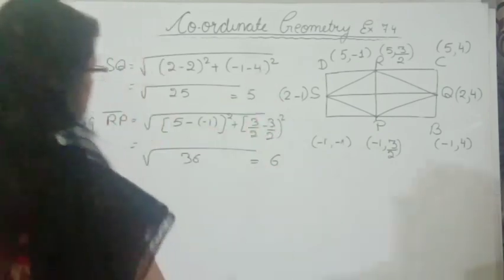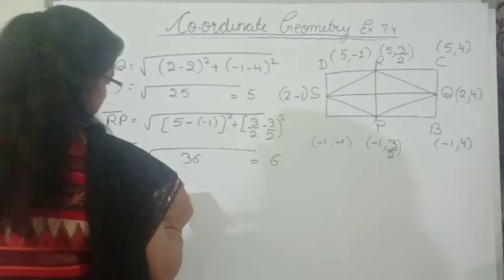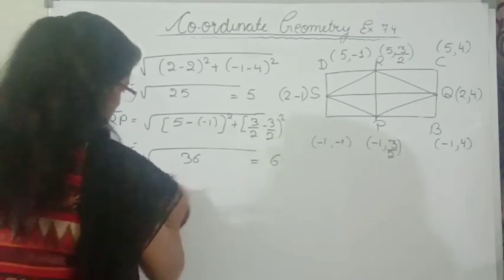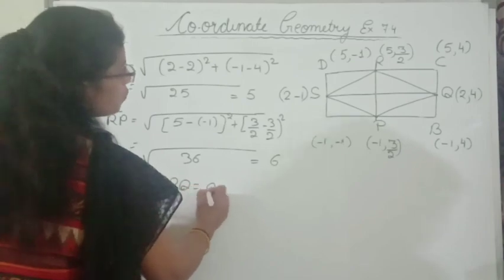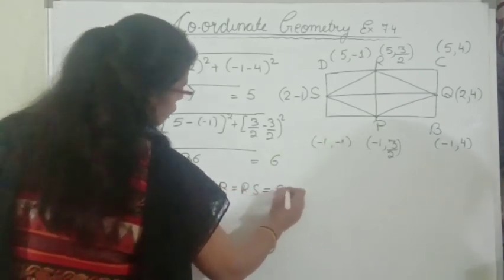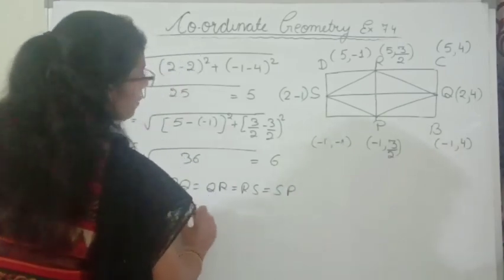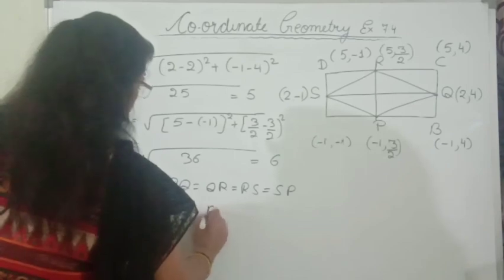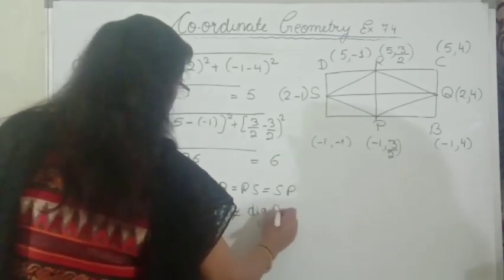So we will write, since PQ is equal to QR is equal to RS is equal to SP, and diagonal SQ is not equal to diagonal RP.